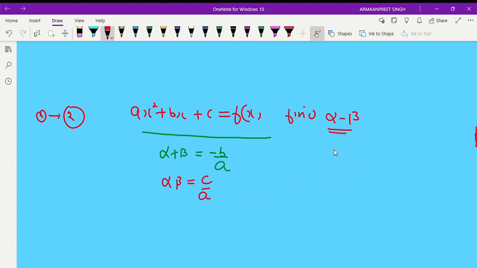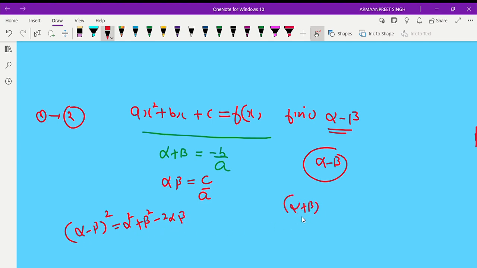Now we want to find the value of alpha minus beta. To start with, alpha minus beta whole square. So it is alpha square plus beta square minus 2 times alpha beta. This is the identity. Also you know the value of alpha plus beta whole square. This is also an identity, true for all values of alpha and beta.